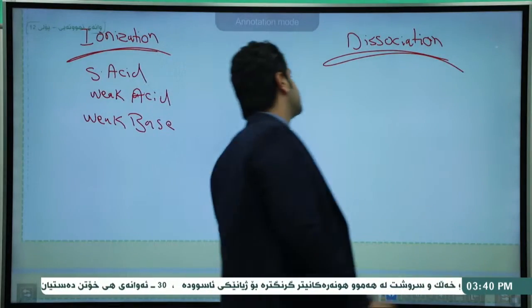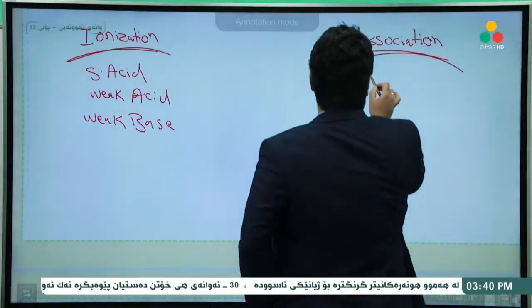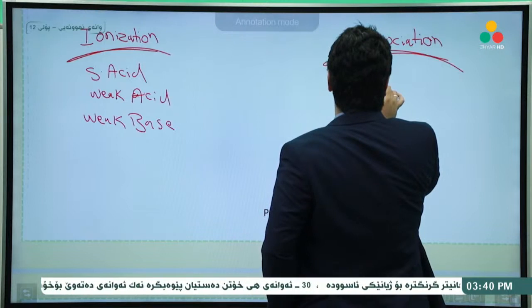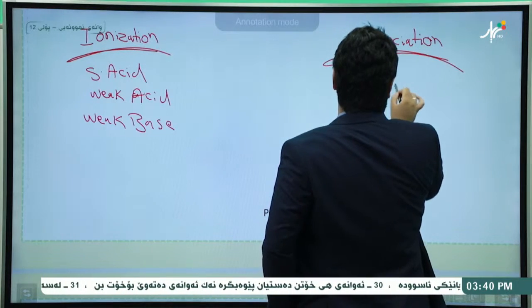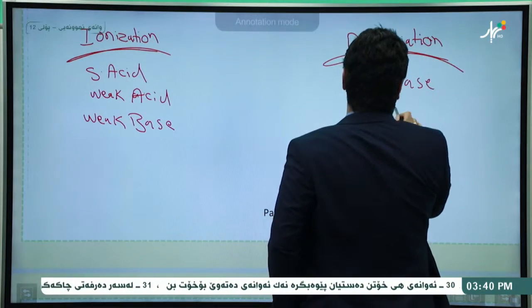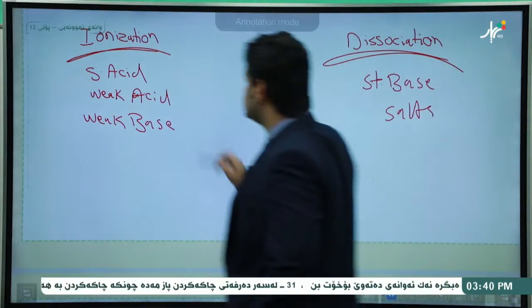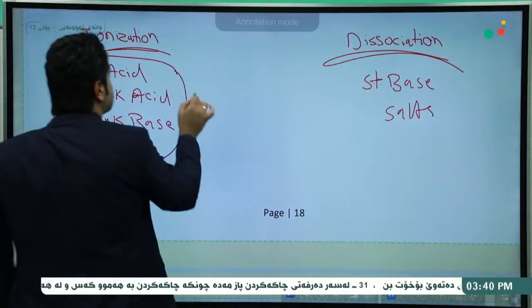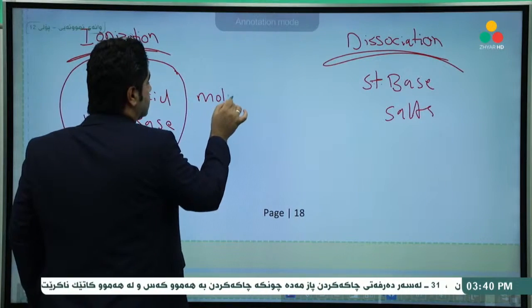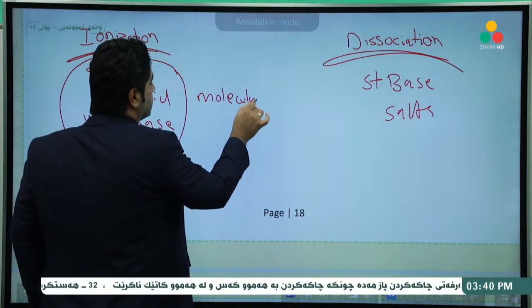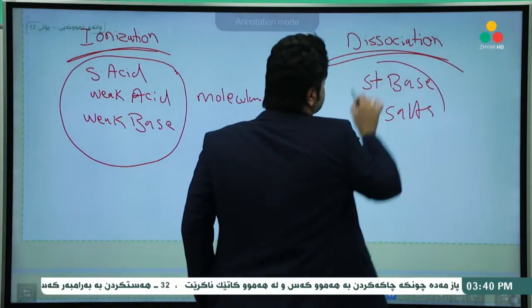But dissociation is for strong bases and salts. That means they are not molecular compounds, but ionic compounds.